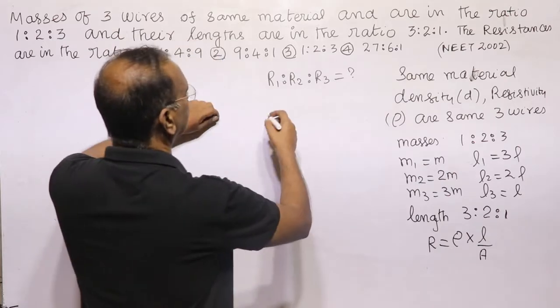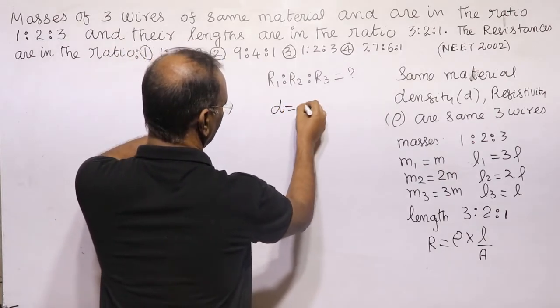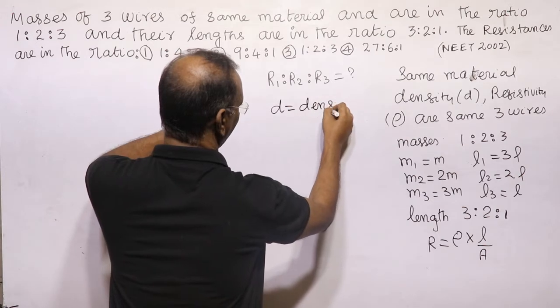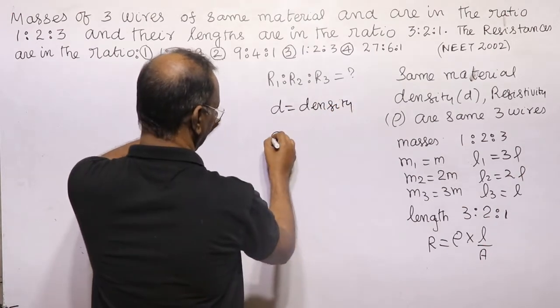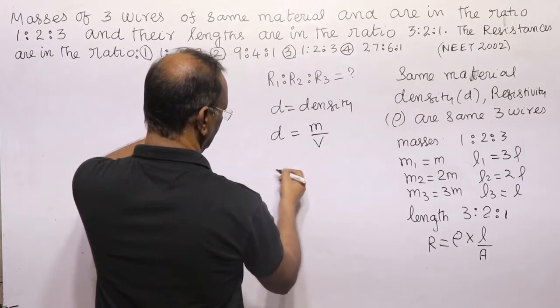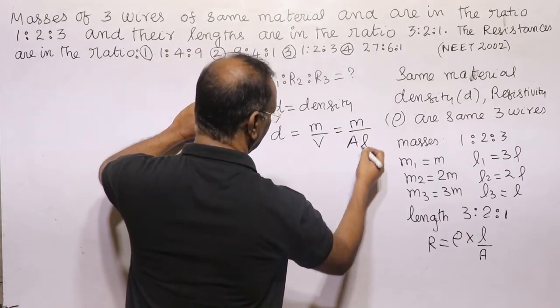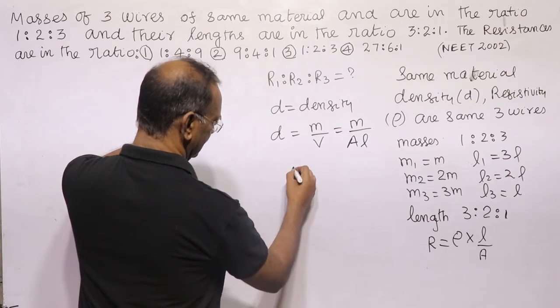And what about the area? Since density D is equal to mass by volume, or mass by area into length, now we find the area.